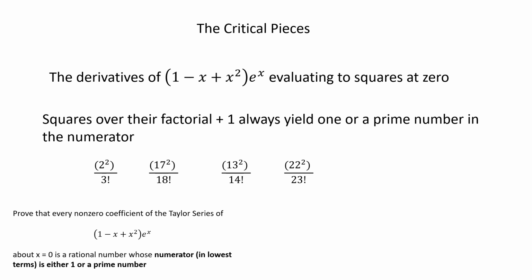It's always squares over the factorial plus 1. And we've proved that that always yields 1 or a prime number, which proves this statement below. So because of the pattern in the derivatives and the way the Taylor series is laid out, all of the coefficients will be in this form, and in this form, the numerator will always be 1 or a prime number, which proves the statement below.